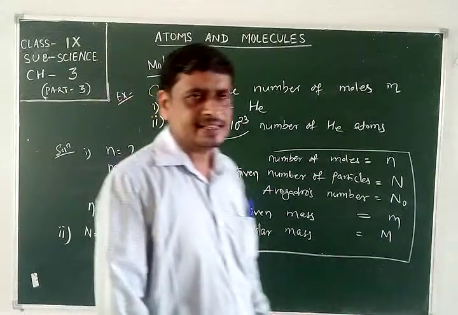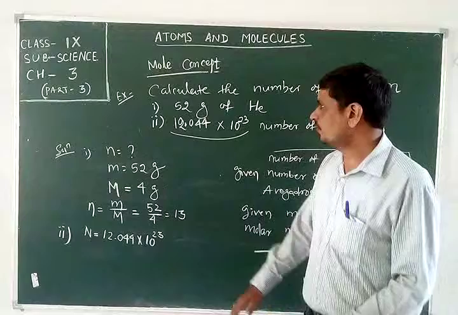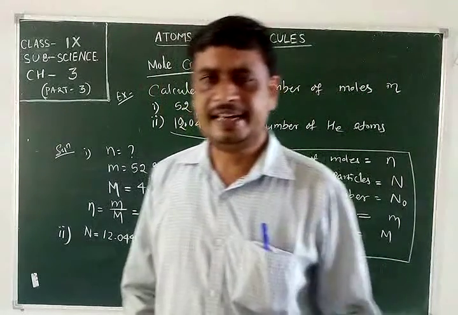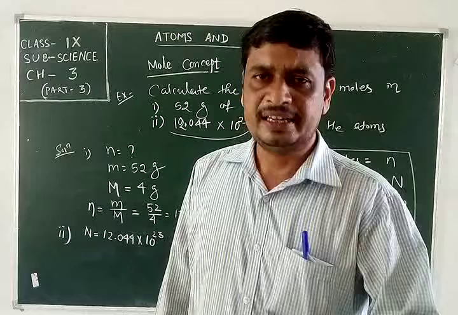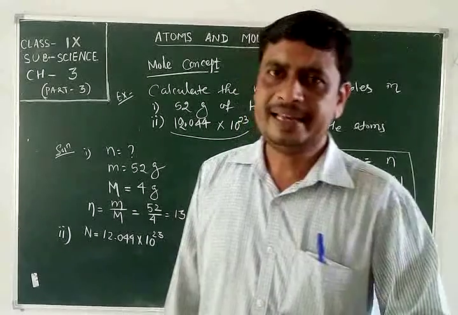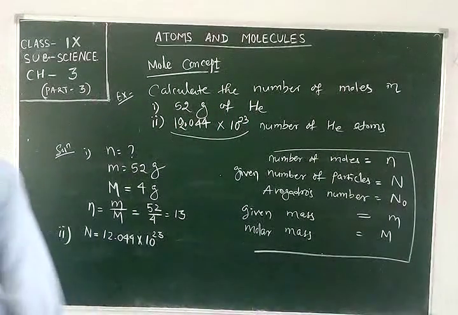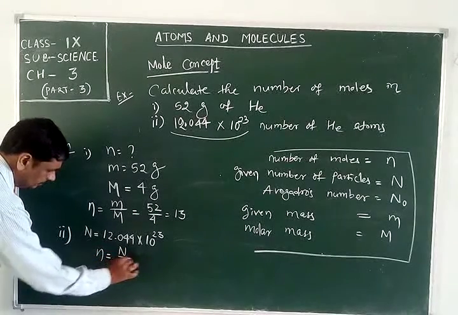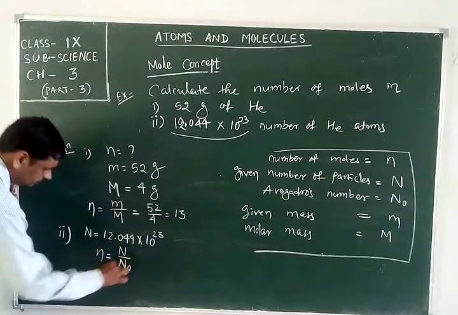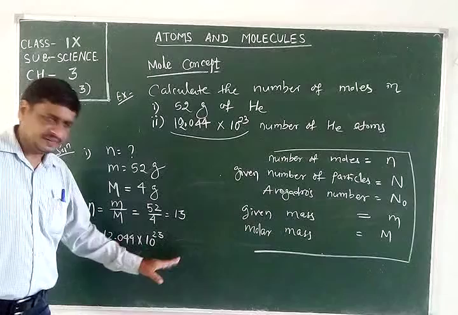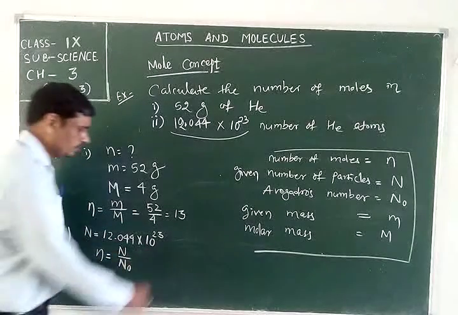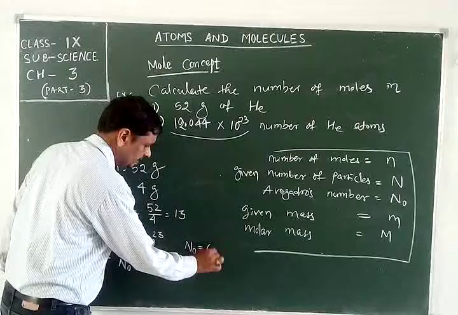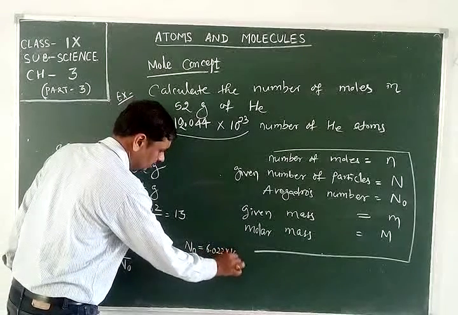When it is given some number of particles, to find the number of moles, we have to use n is equal to given number of particles by Avogadro's number. The n is equal to N by N A. The value of N is already given, and we know the value of N A, that is Avogadro's number, 6.022 into 10 to the power 23.